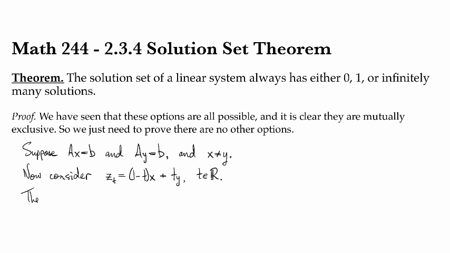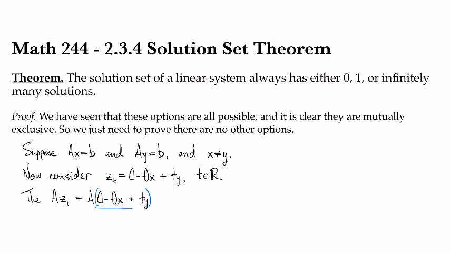We'll see that this z sub t is also a solution. So how do we do that? Well, we hit it with A and see what happens. So A times z sub t is A times, and then I'm going to take a copy of the expression that I just wrote in the previous line and substitute it in there in the parentheses.